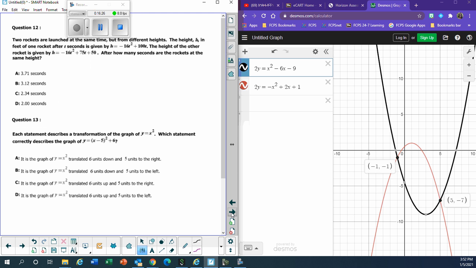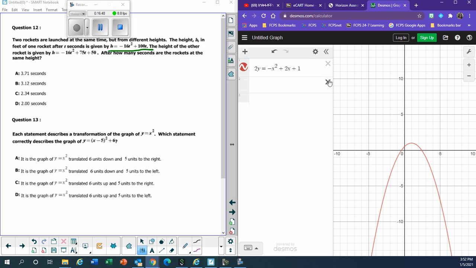All right. So this is another equation. It looks like a big word problem. It says two rockets are launched at the same time, but from different heights. The height, which is h, in feet of one rocket after t seconds is given by this. So these are your equations. You can't use h and t in this case, right?